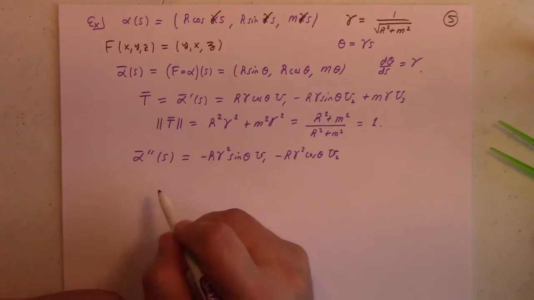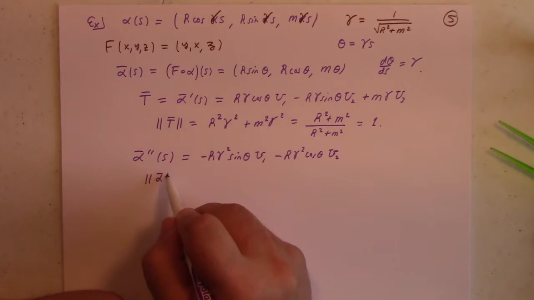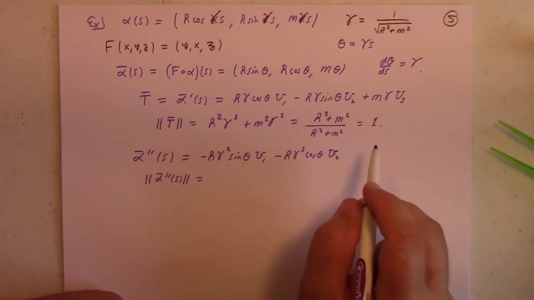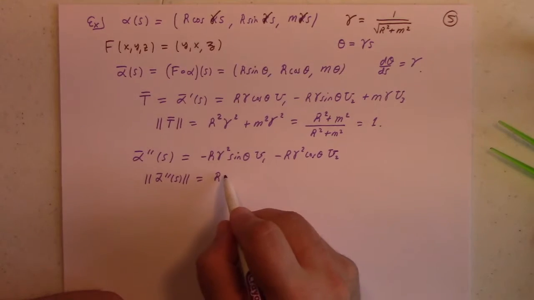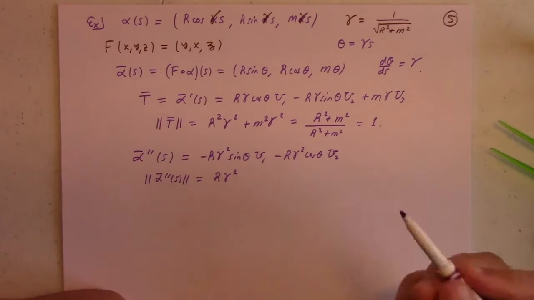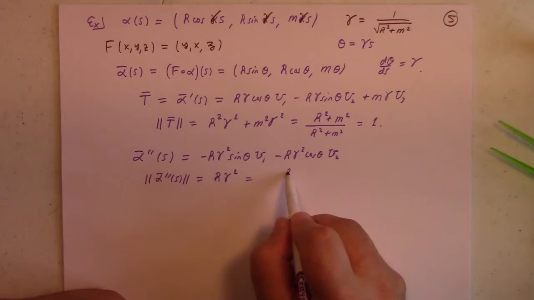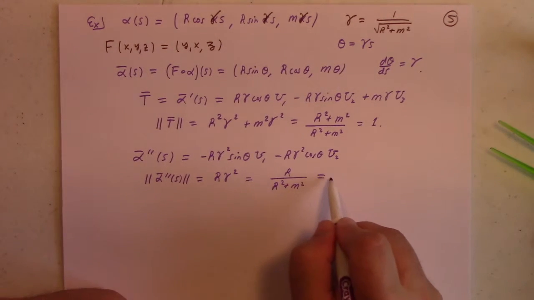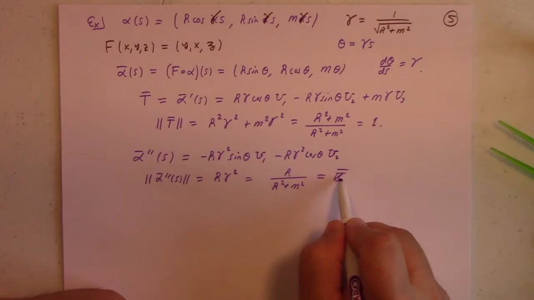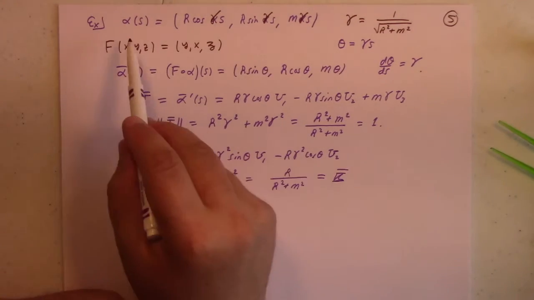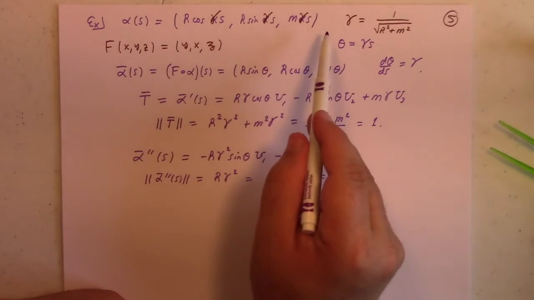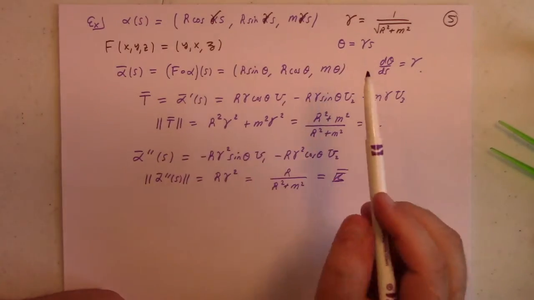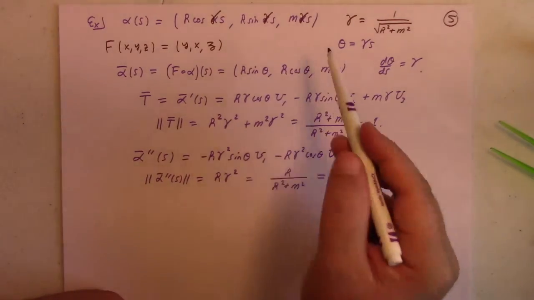And as you can see, the magnitude of alpha bar double prime of s is equal to r gamma squared, because cosine squared plus sine squared is 1. But what is that? Well, that's r over r squared plus m squared. That is the curvature of the isometric image. Recognize that alpha is the standard helix we studied before. So I've just shown you that the curvature of the isometric image of the standard helix, in fact, is the same as the curvature of the standard helix.